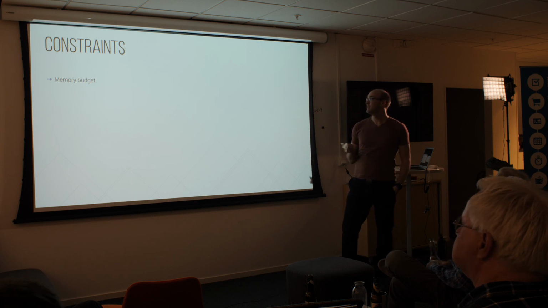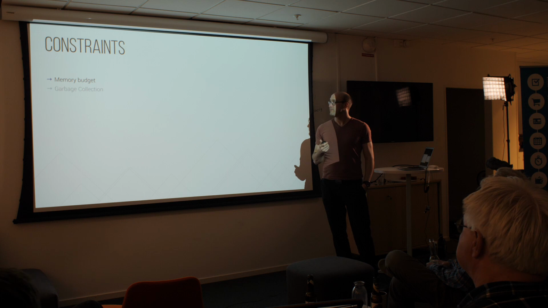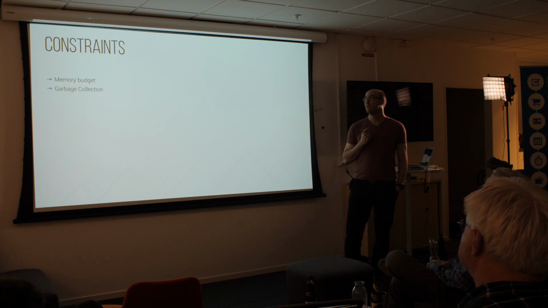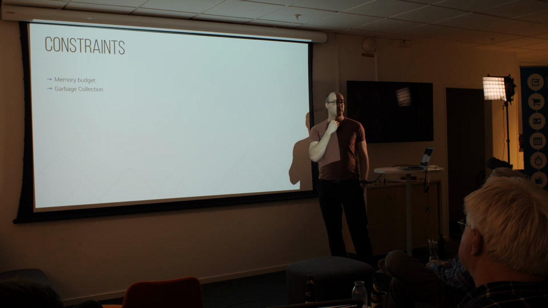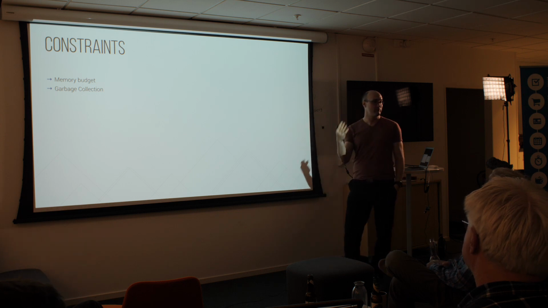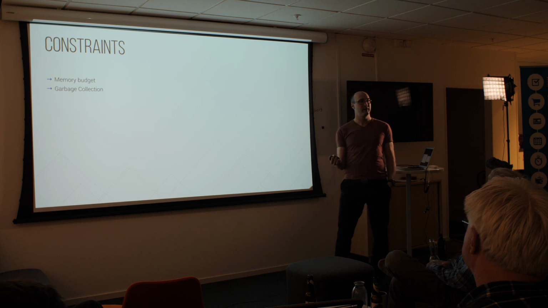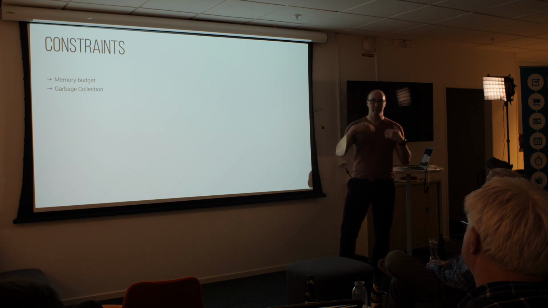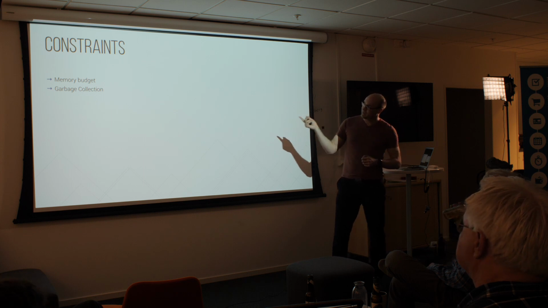The next thing is that you have something called garbage collection. In JavaScript, if you allocate or use a lot of objects, they will eventually be cleaned up by the garbage collector, and it will reclaim that memory. So why is this a constraint?